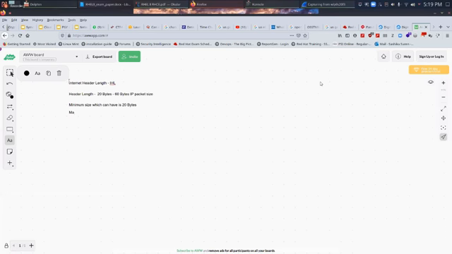The maximum size that this particular IP version 4 header can have is 60 bytes. So are you clear, guys?